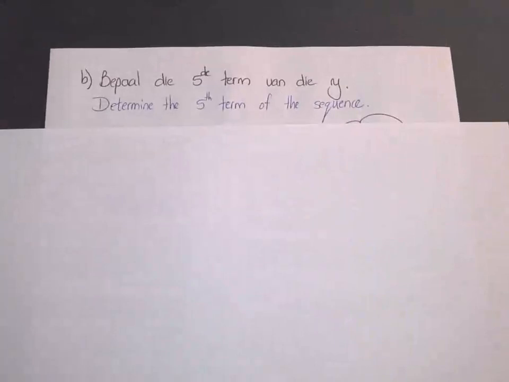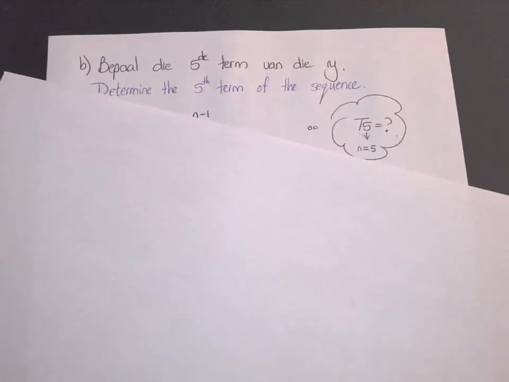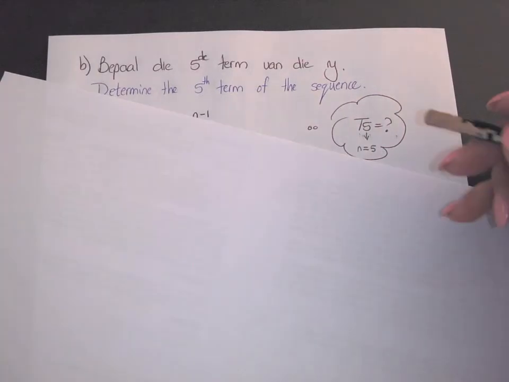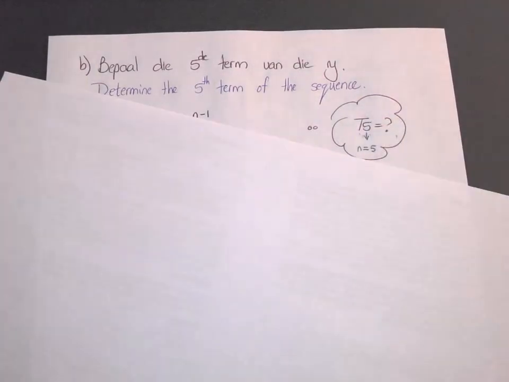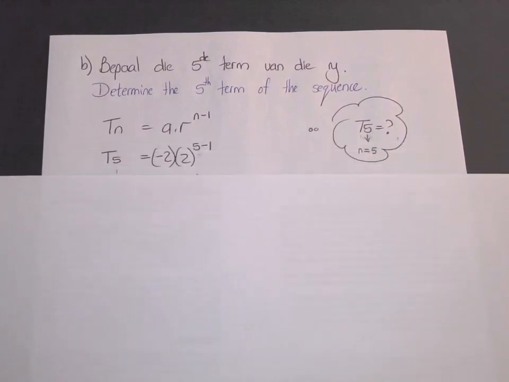Second question. Determine the fifth term of the sequence. Think about what they are asking. What is T5? They already give you a clue. The 5 is the n. So my n is 5. Start with your general formula.